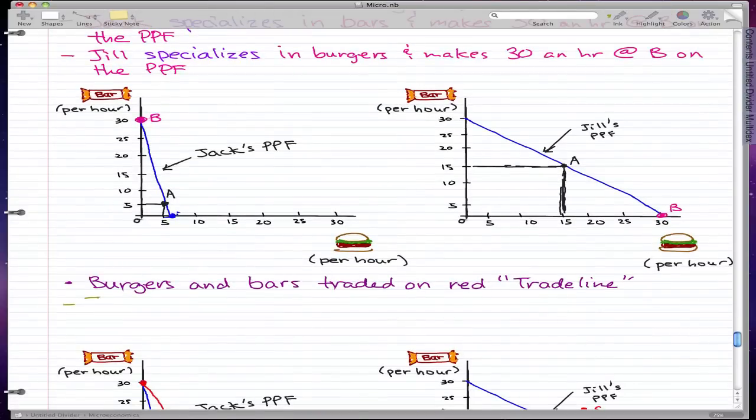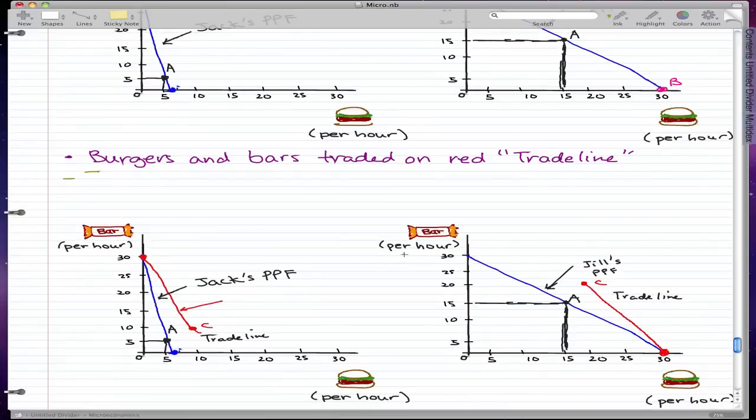So in the end, we're going to have burgers and bars traded on this red trade line that we have here for Jack and this red trade line here for Jill. They trade burgers and bars along this red trade line, and we'll note what actually happens in this moment.